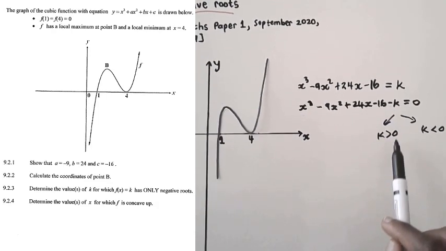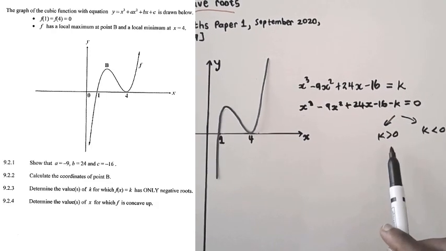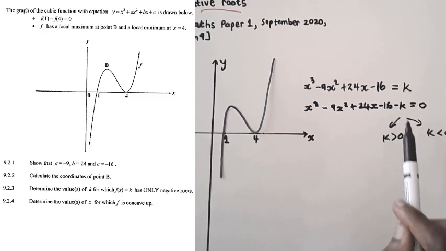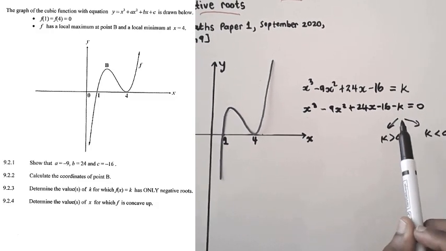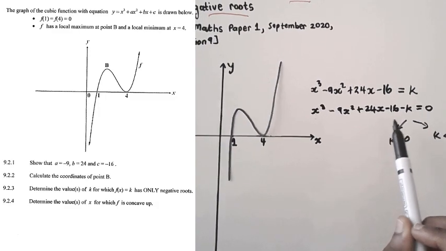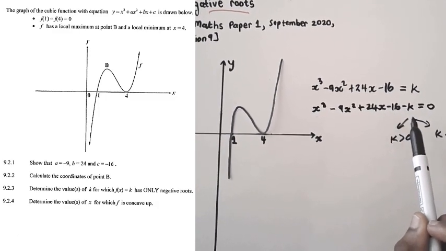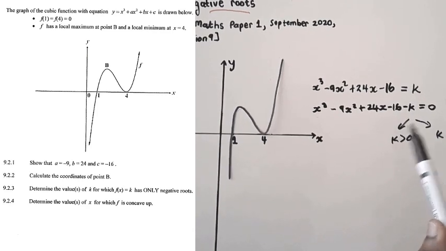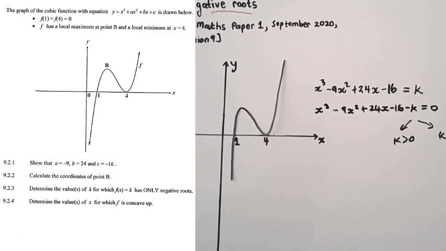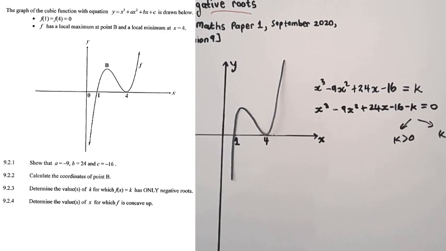Let's think, for example, if we had to pick positive k values, then this whole thing, negative 16 minus k, would be a negative number. Like for example, we picked 15 and we got a y-intercept of negative 31.